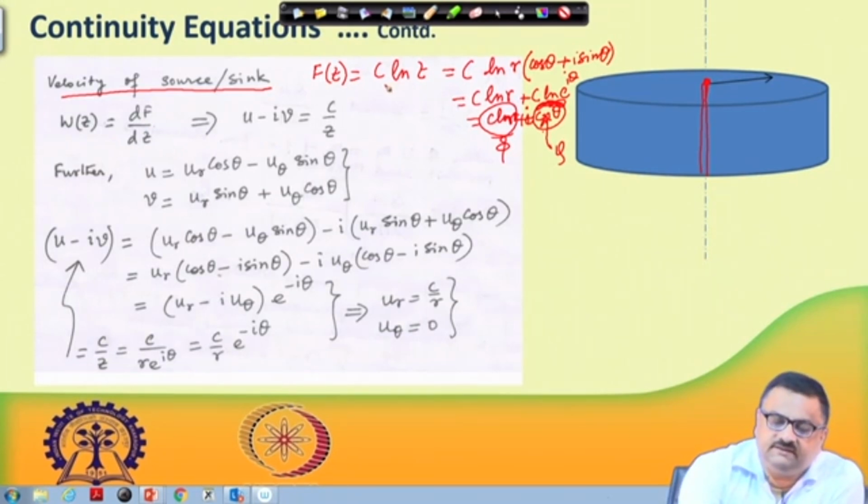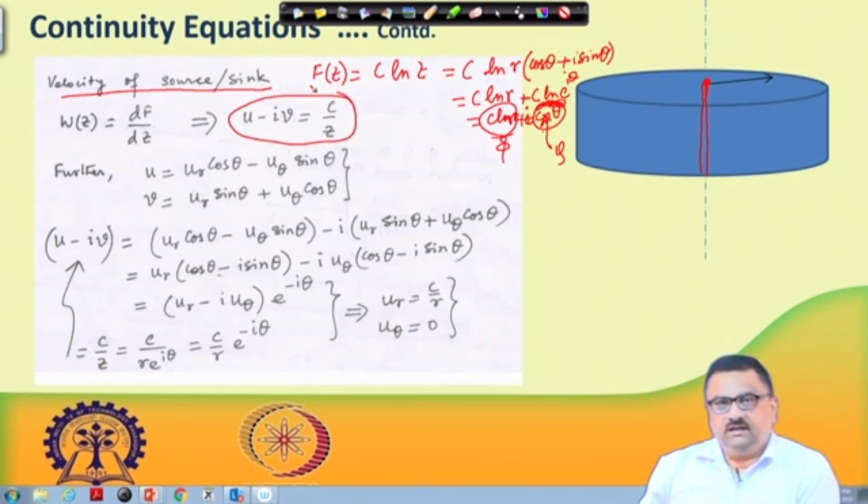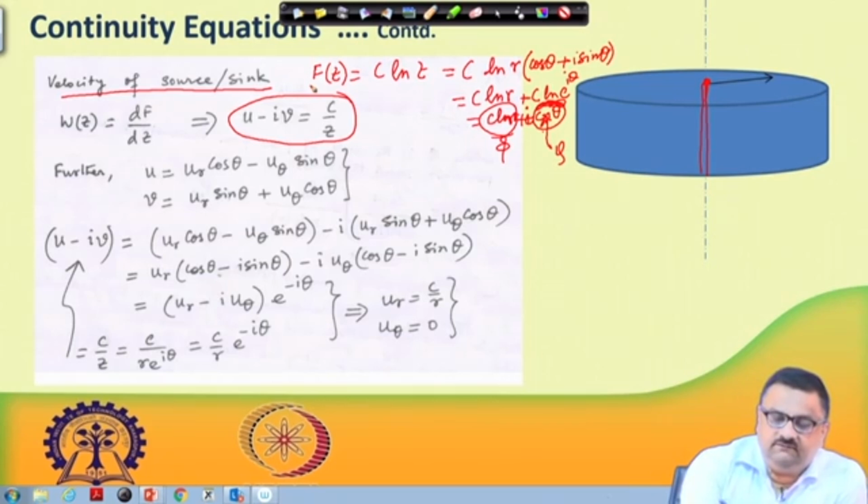And since this is C ln z, when we take the derivative of C ln z, this becomes C by z, because the derivative of ln z is 1 by z. So, essentially this W(z) leads to an expression u minus iv is equal to C by z. That is on one hand dF/dz is C by z when you take a derivative of this. On the other hand, dF/dz, we have seen in the earlier lecture, is u minus iv.